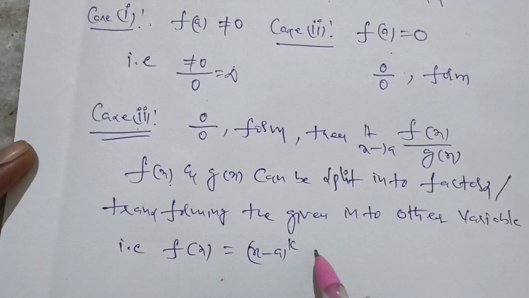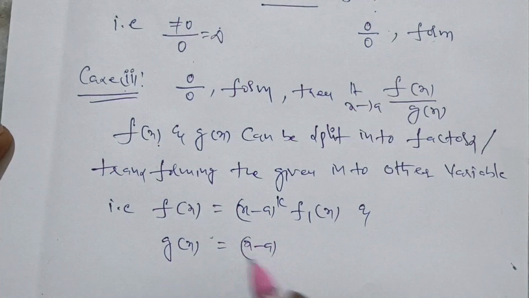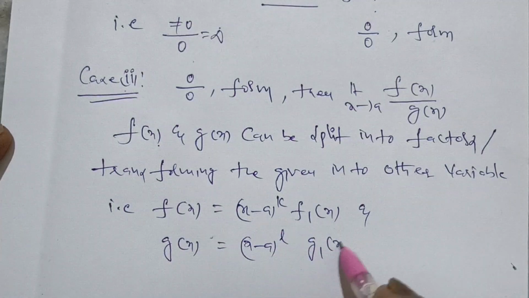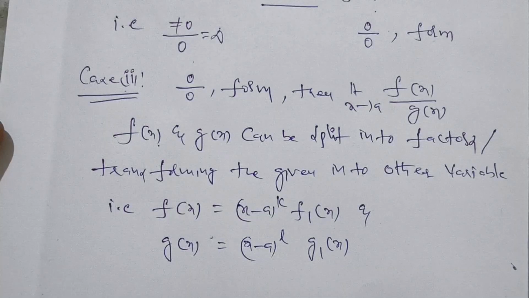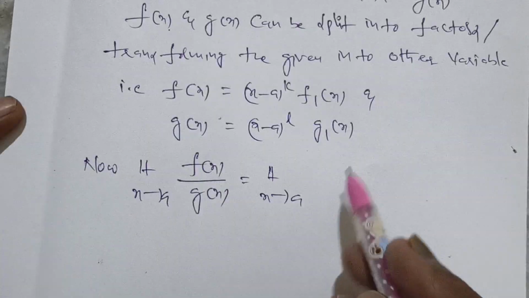Suppose f of x can be transformed into factors as x minus a whole power k into f1 of x, and g of x can be transformed into factors x minus a whole power l into g1 of x.